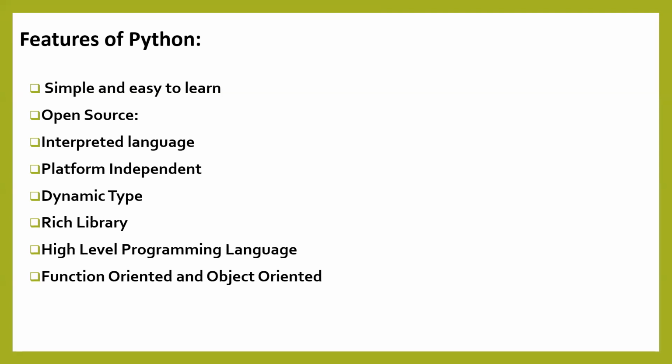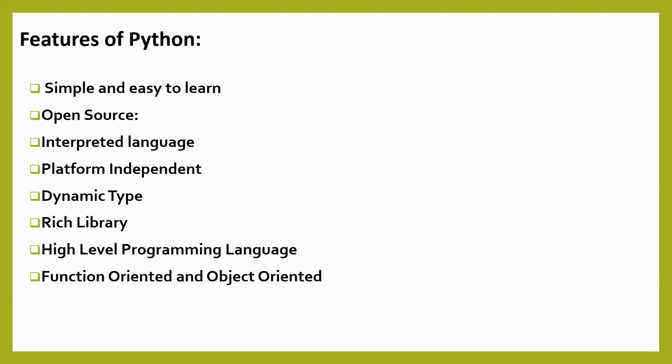And the second thing is open source. What do we mean by open source? The source code of Python is visible and available to everyone in the world. You can access the source code for Python, and open source means it's not commercially oriented software or programming language.